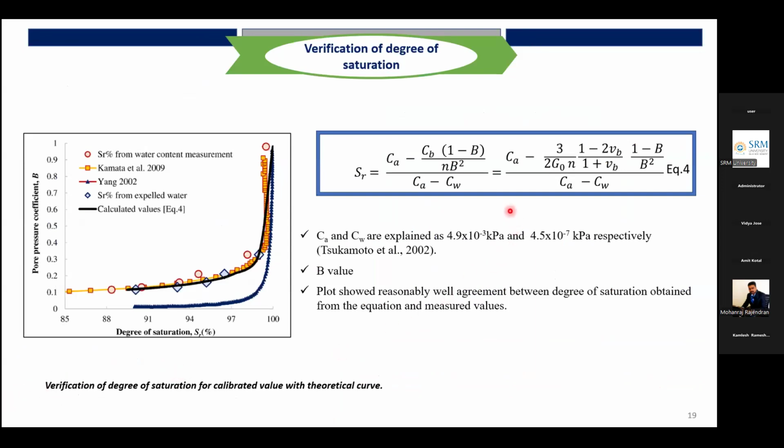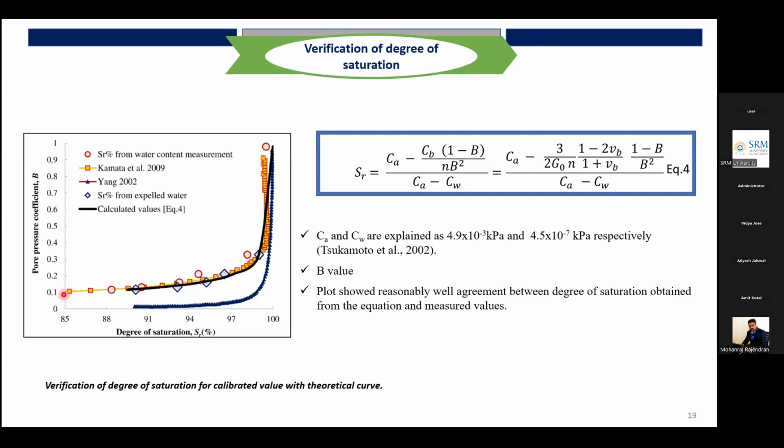Finally, the degree of saturation will be expressed in terms of the coefficient of compressibility of air and water, which are well-known parameters, and the void ratio and porosity, the index properties of the soil, which are known parameters. B is the one going to play with the value of Sr because all other parameters are known. So this is a simple theoretical process. By measuring B, we are able to calculate the value of degree of saturation.